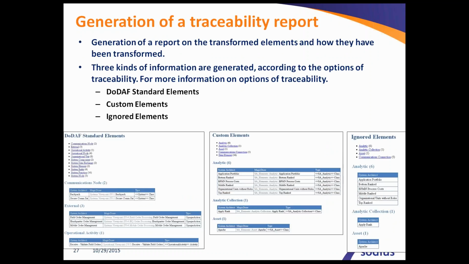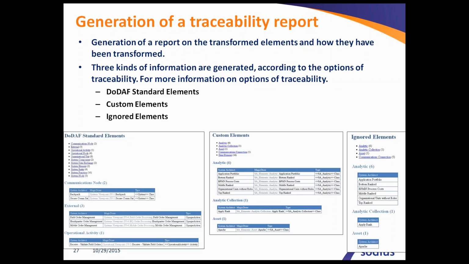Also, we have a generation of traceability reports. So it is possible to have a report on the transformed elements and how they have been transformed. There are three kinds of information that we generate according to the traceability option. We have the DODAF standard elements, for example, operational nodes, system components, system elements.